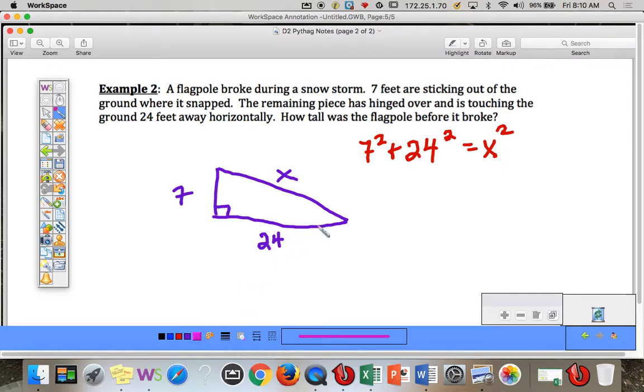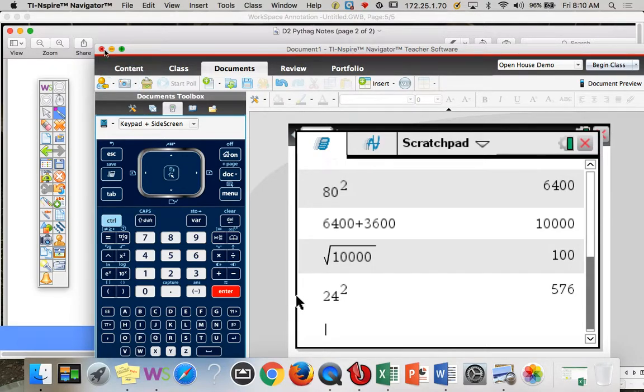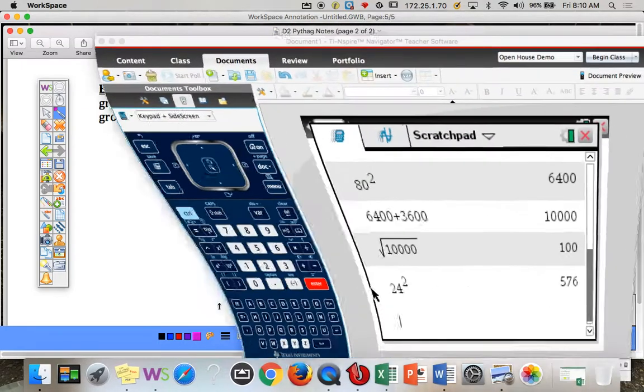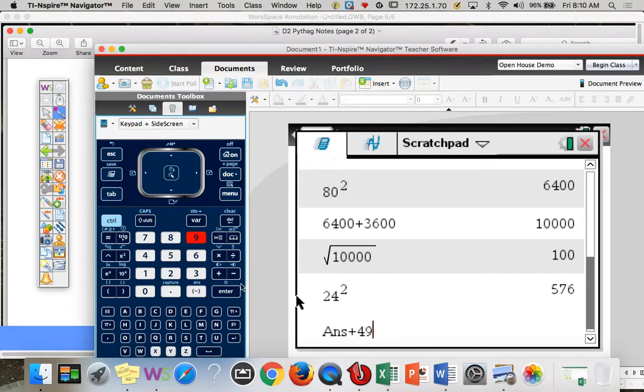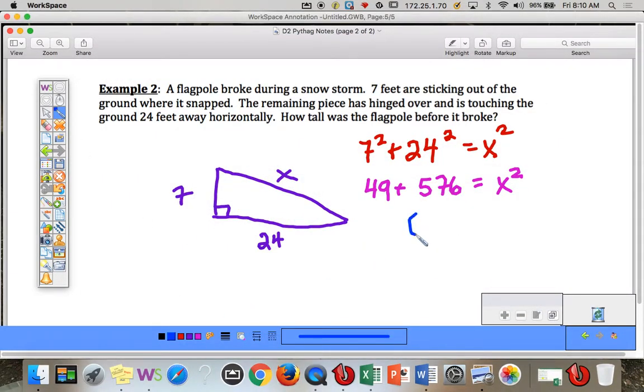Let's simplify here. We have 49 plus, let's see what 24 squared is, 576. Let's add those together. 625. We'll take the square root of each side.